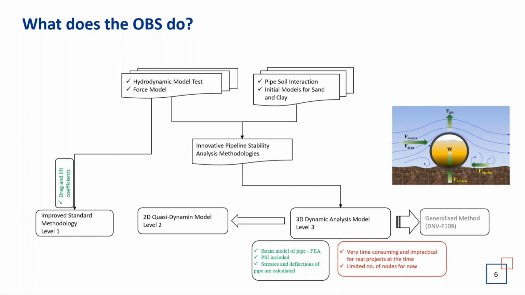The generalized method uses those thousands of time domain simulations, which use a single node, and based on that they developed a methodology to predict the pipe embedment and the pipe weight that is required to be stable. That is now captured in DNV F109. Next one, please.